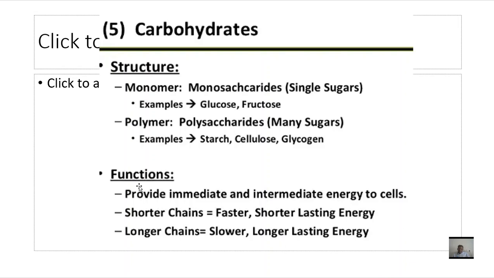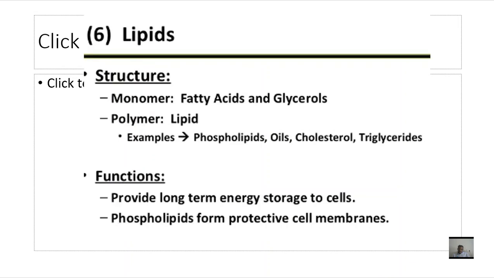That means carbohydrates have shorter chains and longer chains. Shorter chains are very fast, and longer chains are slower. Shorter chains lose their energy very quickly, while longer chains take a longer time to lose all their energy.